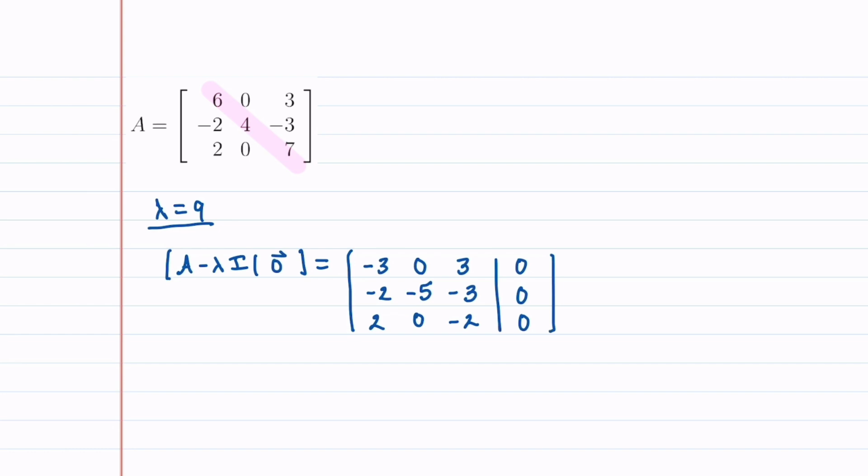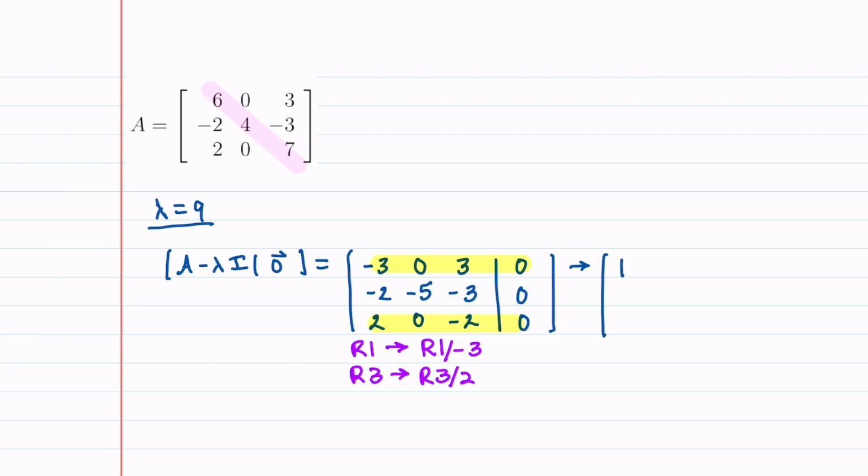Okay, so the first thing I would like to do is do some scaling because I'm looking at this row, and we can make those a lot simpler. So I'm going to take row 1, and I'm going to change it to row 1 divided by minus 3. That's just doing a scaling. And then row 3, we're going to let be row 3 divided by 2.